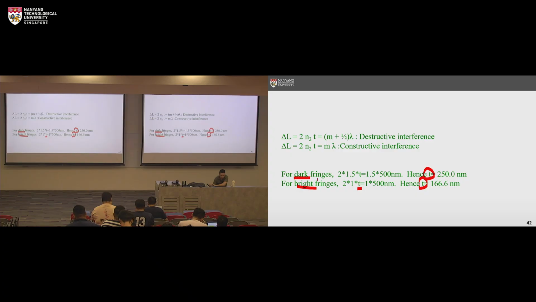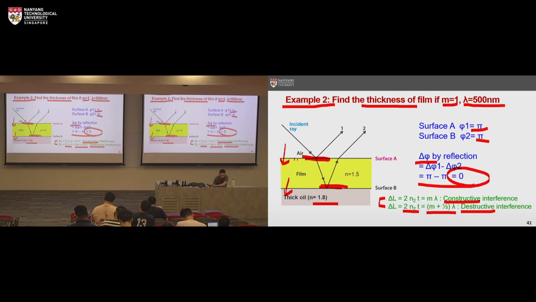Okay, so again, remember, I think this is wrong. Okay, so for instance, this is a wrong solution. If you want to find the bright fringe, it should be 2nt equal to m lambda for bright fringe. And remember that in this case, this is the thin film, right? So this is the n.